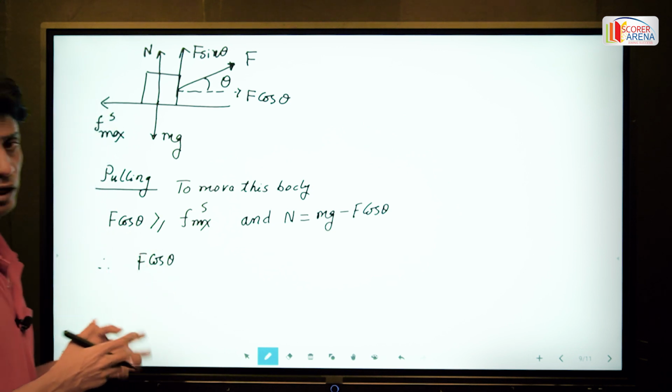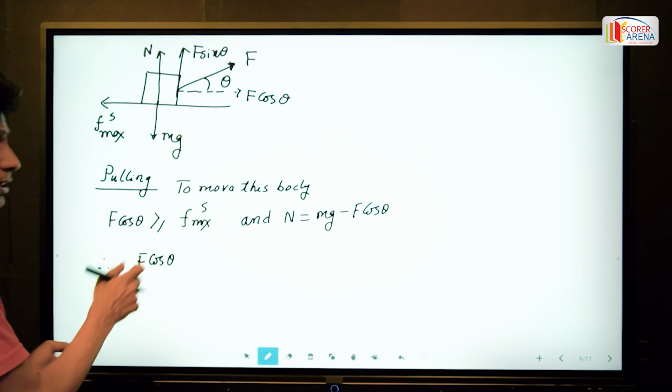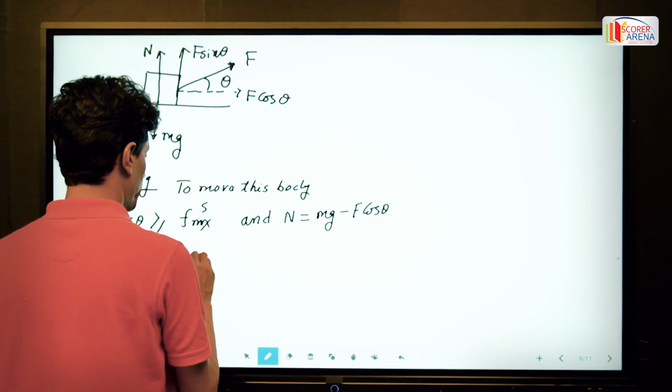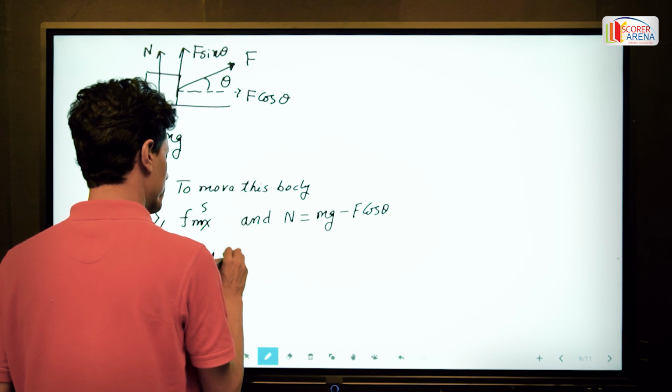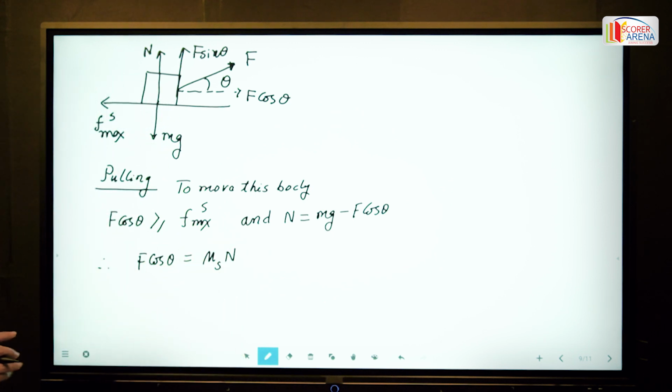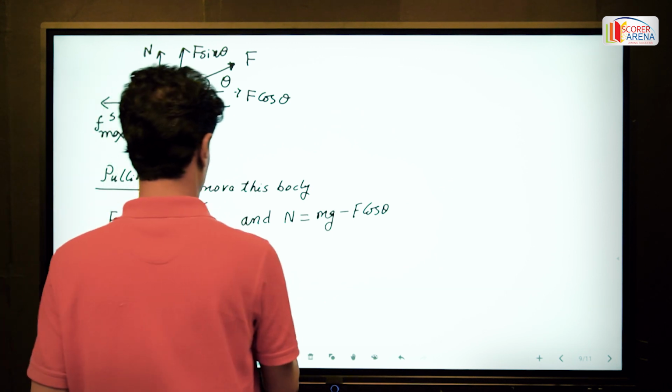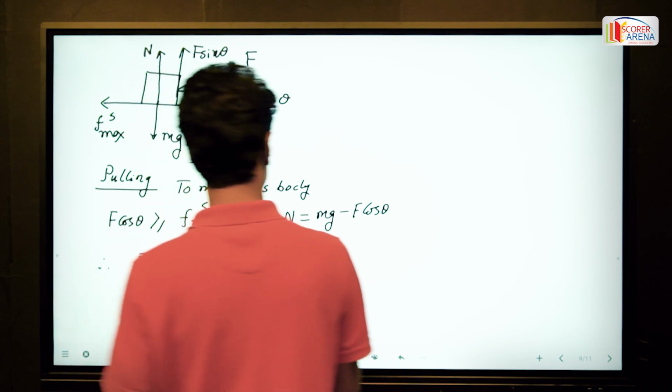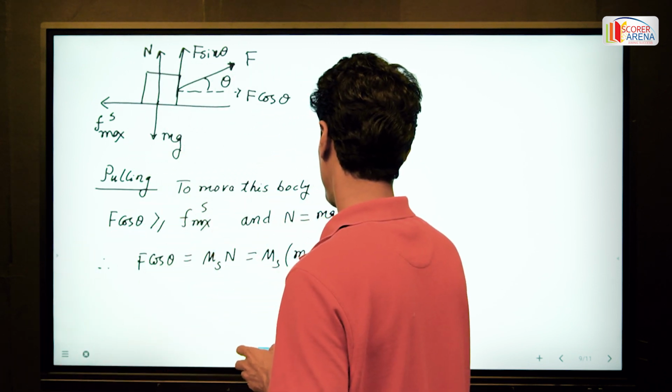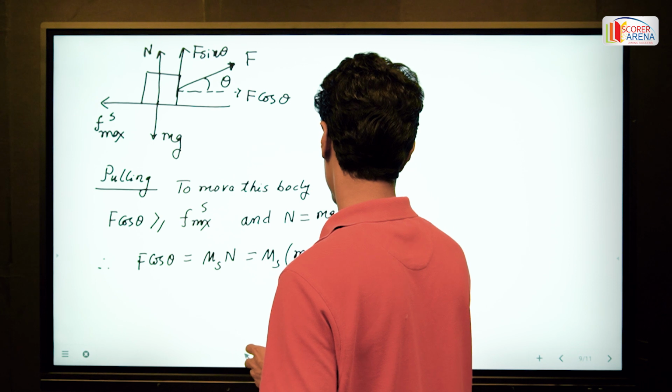To find the amount of force required, take F cos theta equal to mu s N, where N is mg minus F sin theta.